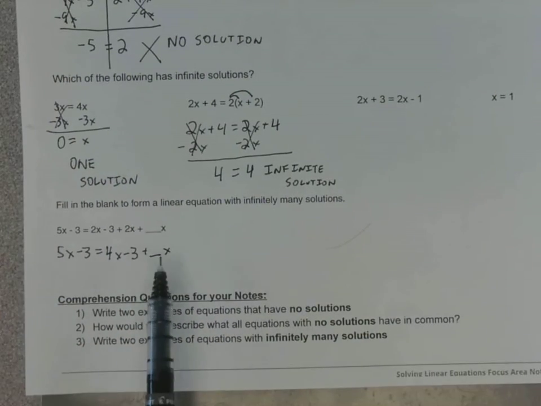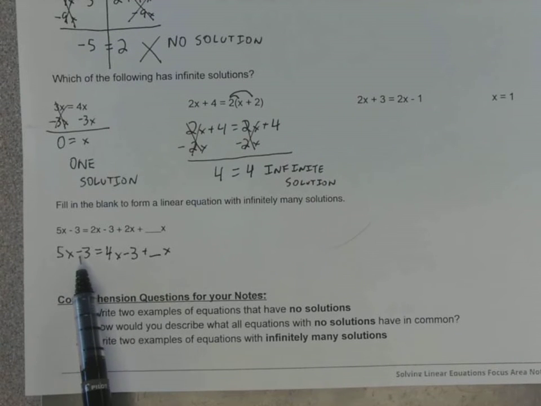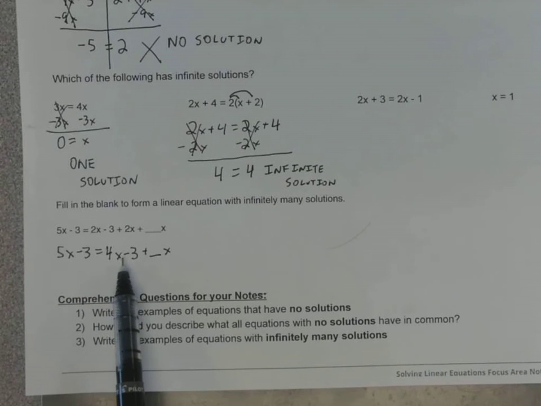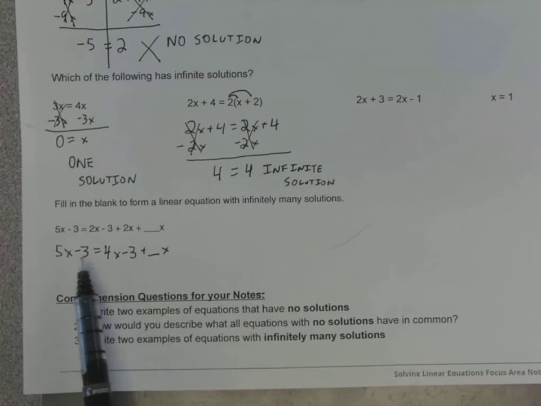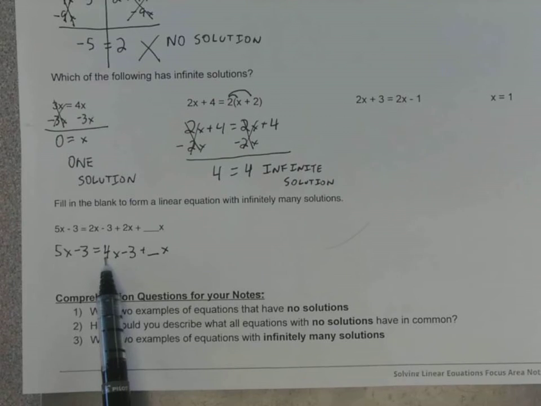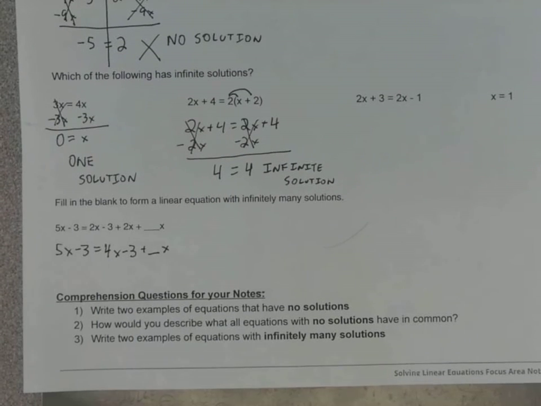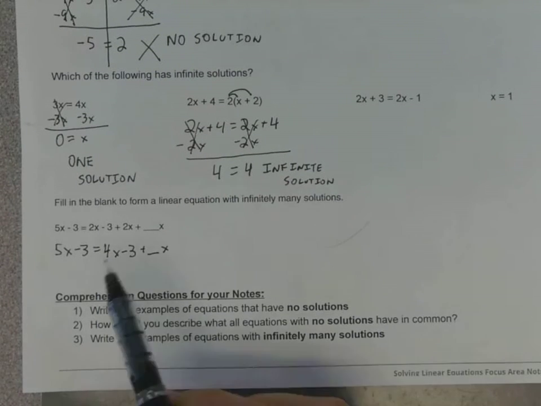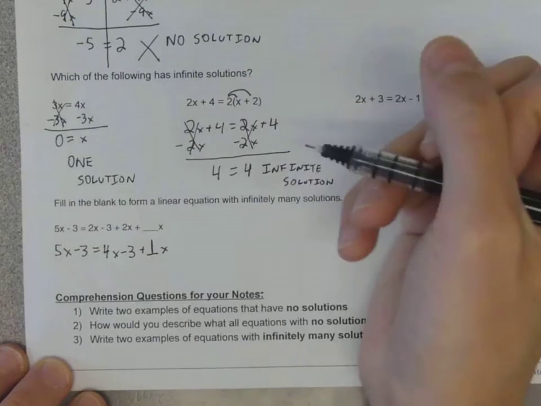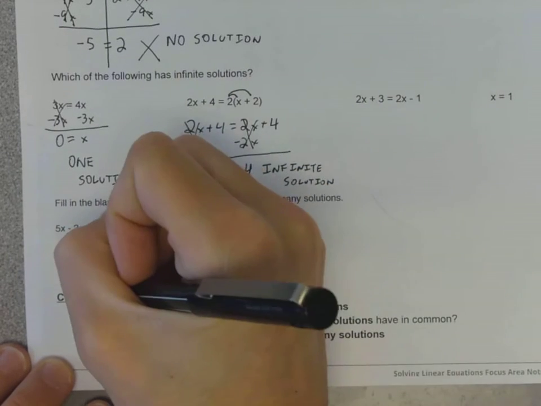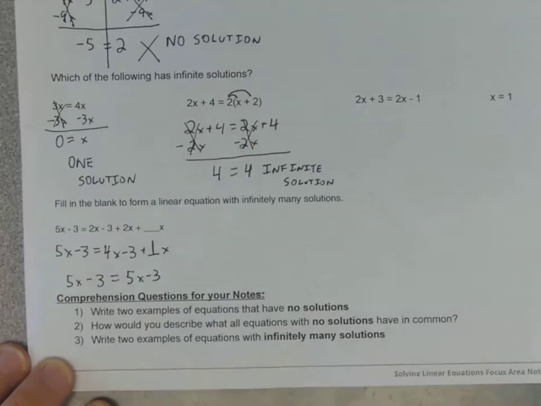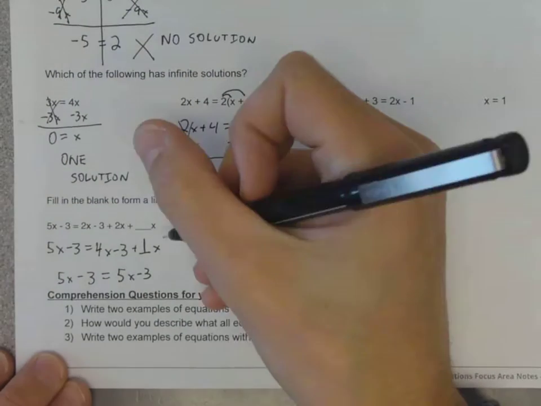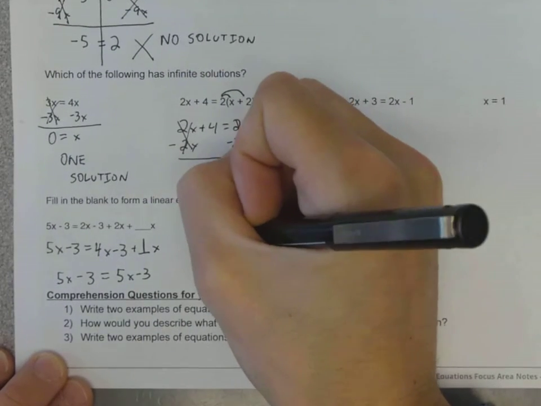The minus 3 is the same on both sides, so I just need these x's to be the same. This side is 5x, and this side is 4 plus blank x. If we need it to be 5x, then the blank would have to be 1. Then we would have 5x minus 3 equals 5x minus 3. So for this problem, the blank equals 1.